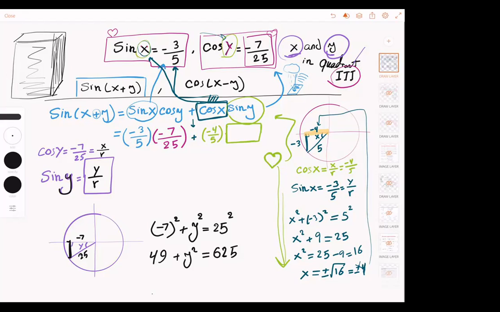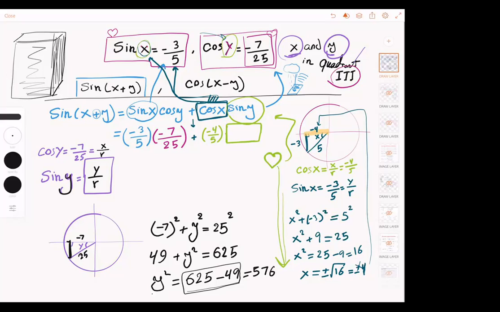Then Y squared equal to 625 minus 49. What is that, Elizabeth? Can you repeat that? What is 625 minus 49? 576.